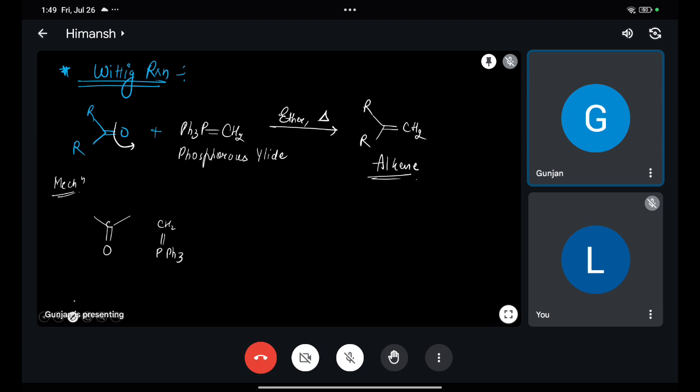So just this oxygen, see, a kind of cyclic structure we have to form like this. Okay, so carbon, CH2, Ph3P, oxygen, like this.